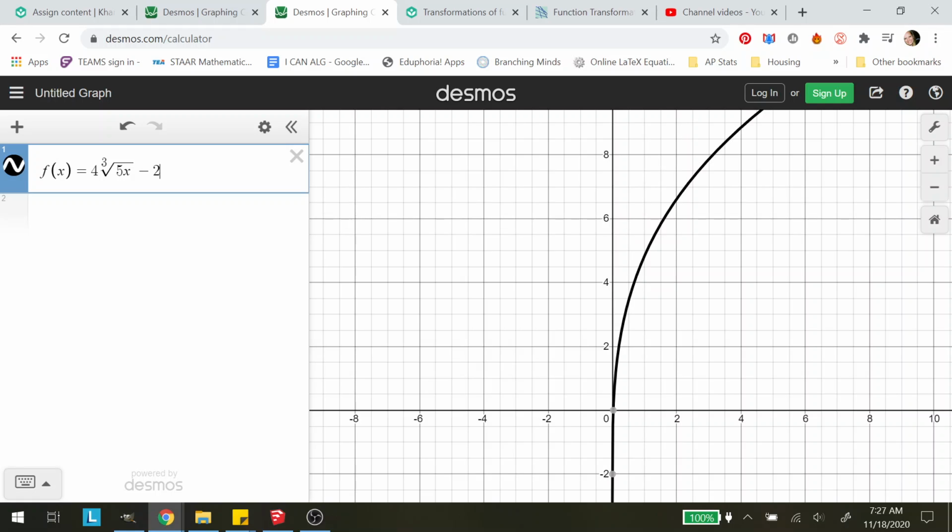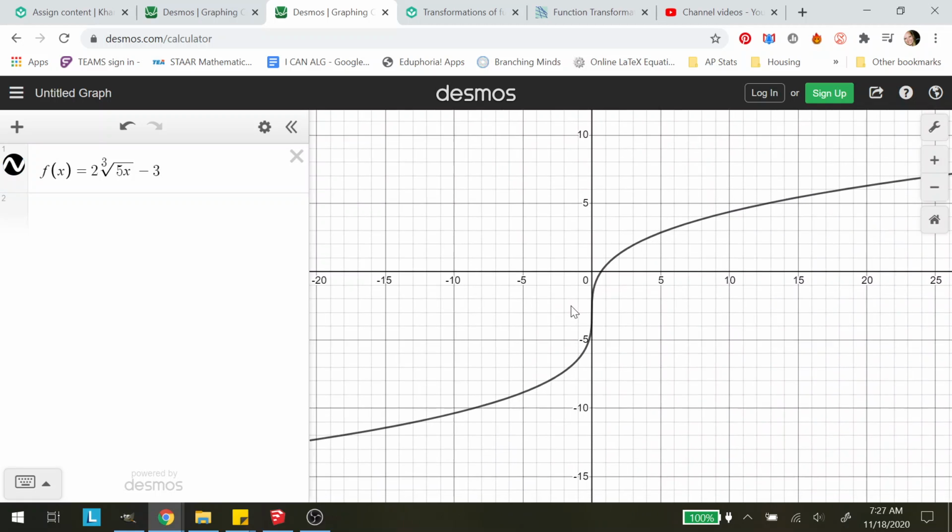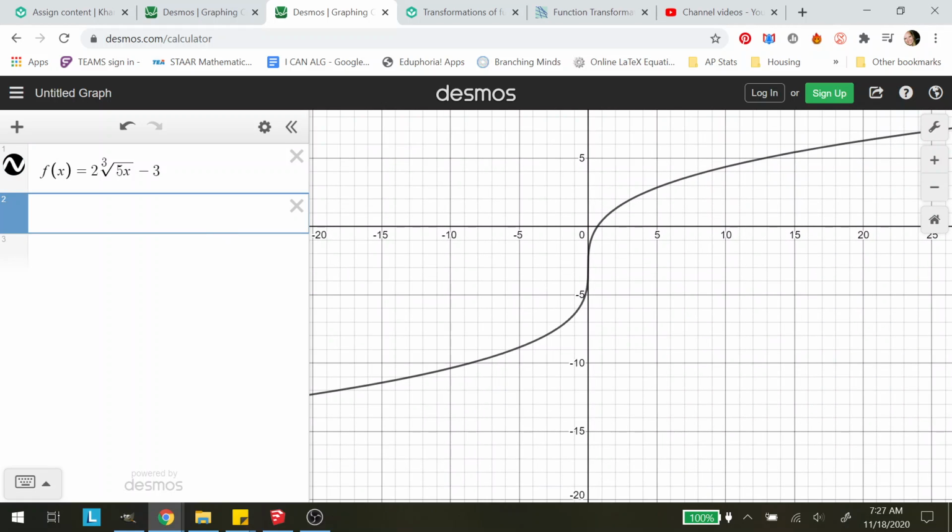Let me make it a smaller number there. I'm going to make that a 3. If they're giving me something like this, and then they're asking me which equation is equivalent, I'm going to come over here and put in the different options and look at them and really try to understand what's going on.